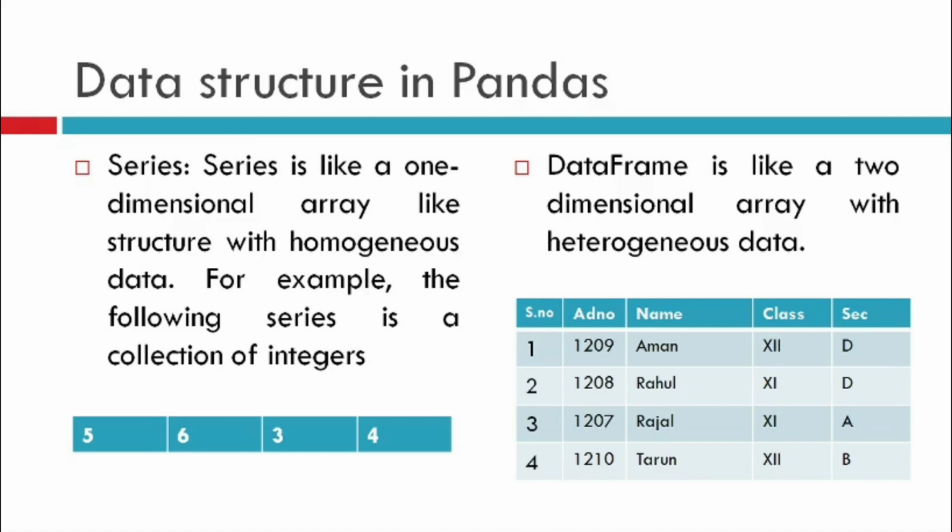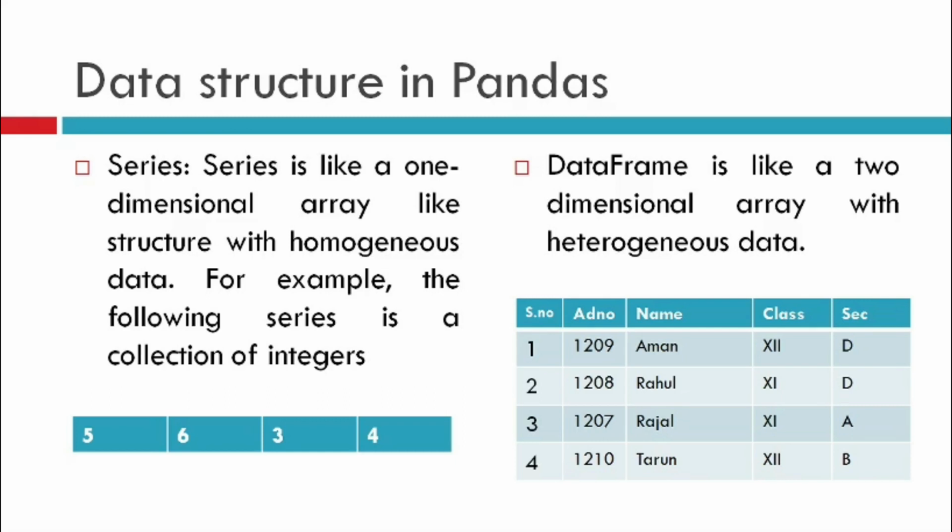Now the series, as we told you earlier, is a single dimension array. An array is a set of subscripts. Subscript means S0, S1, S2, S3. If we declare S as an array and we give the values 5, 6, 3, 4, that are all integers, so this is an integer type array.